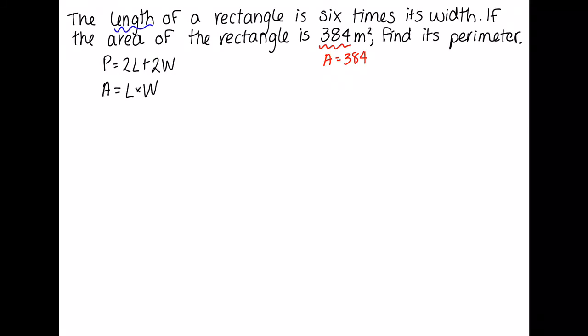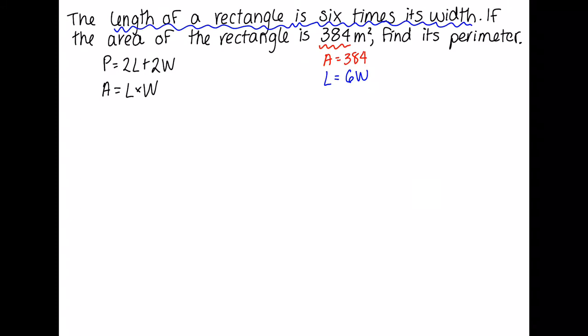It says that the length of the rectangle is 6 times its width. So the length is equal to 6w. So 6 times its width will be 6 times w, same thing as 6w. 6 meters more than its width would be 6 plus w. So that times word is really important there.